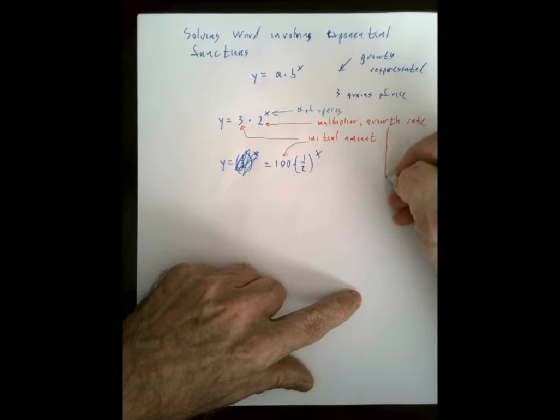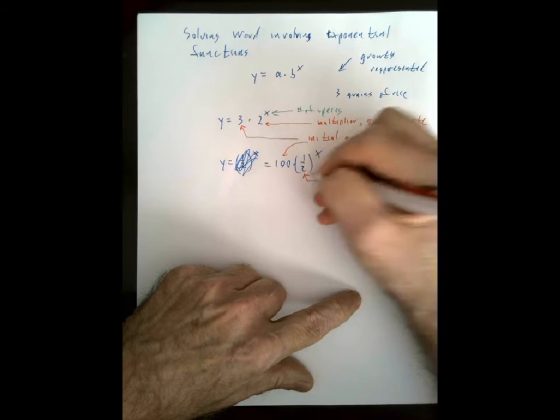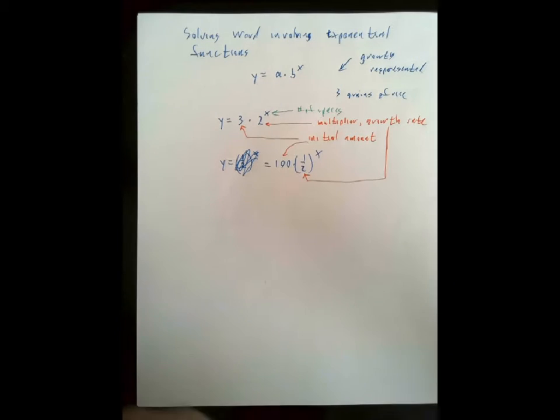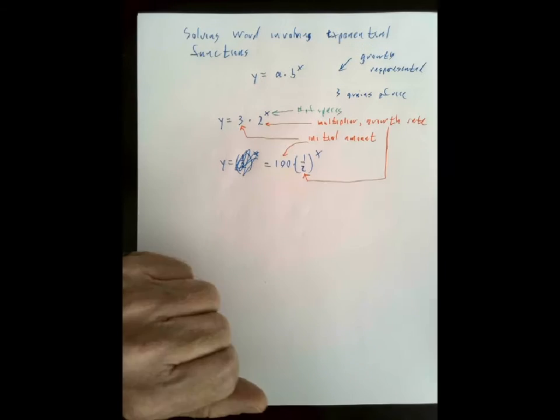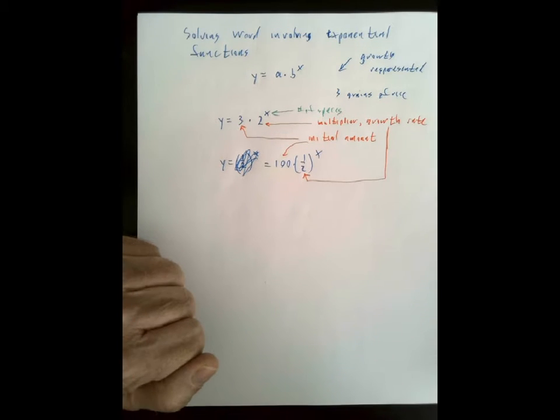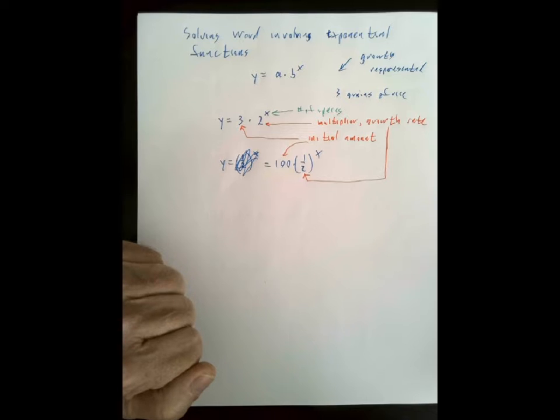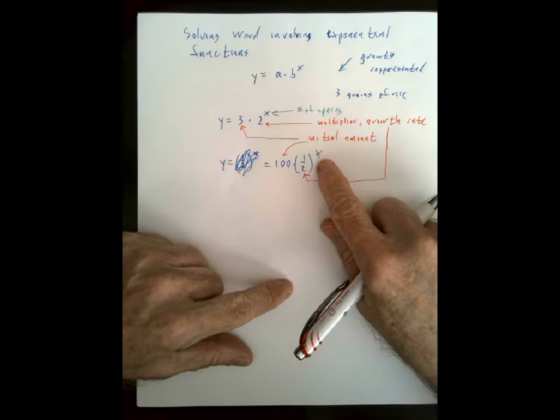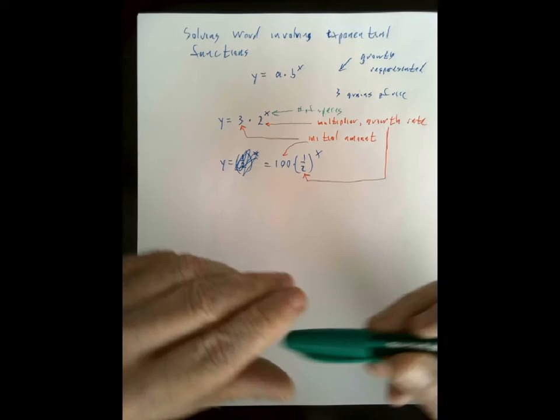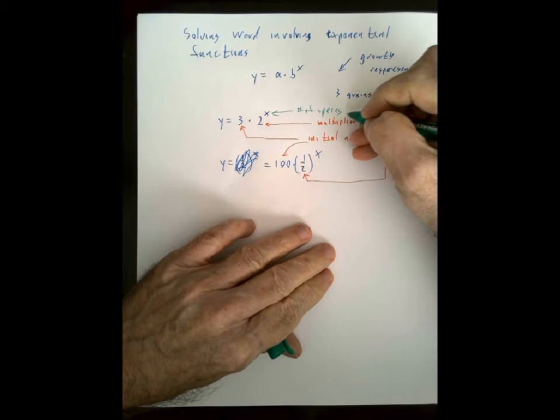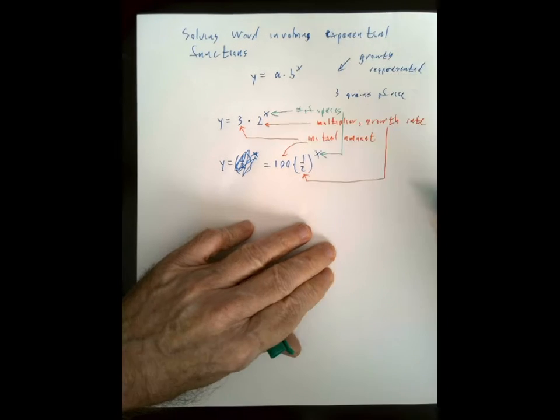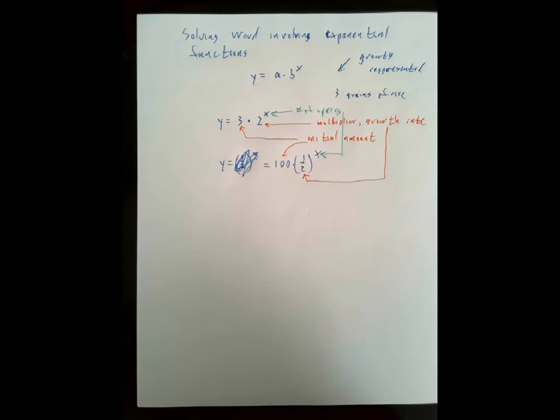And then 1/2 was the multiplier, the growth rate, but really the rate was a fraction because the radioactive element was decaying. And then x was the amount of time over which the element decayed, right? So they all have the same parts to them, really.